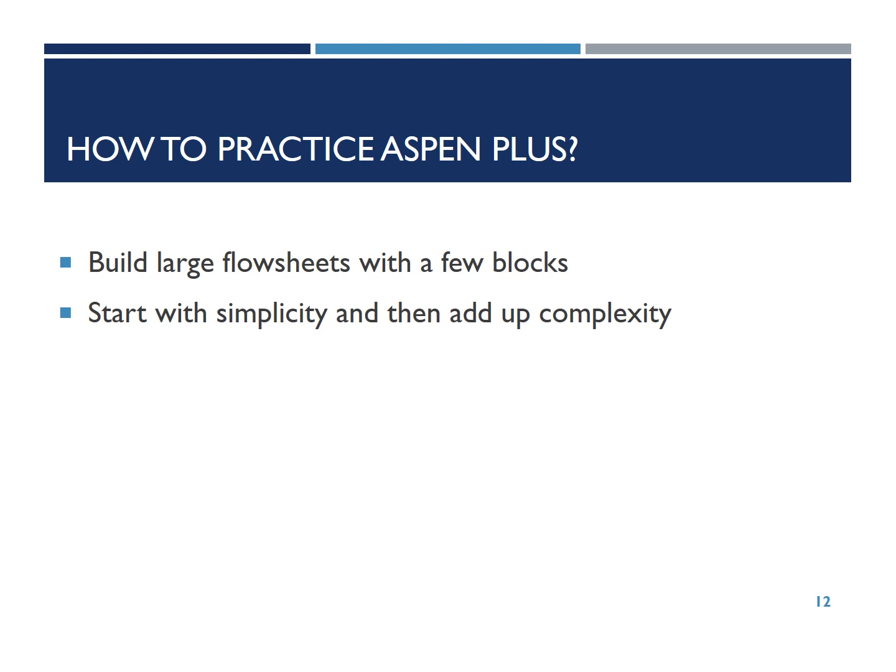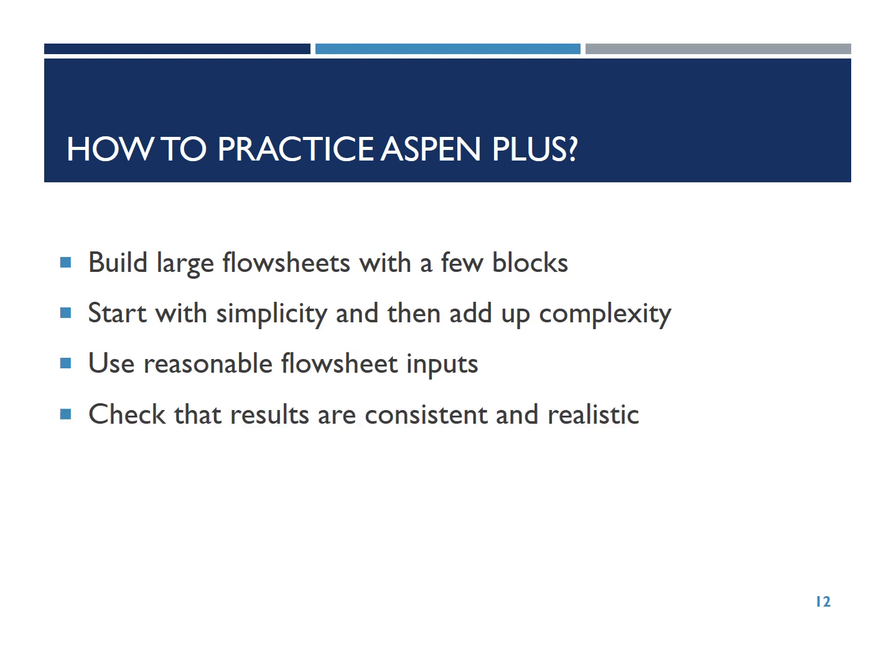For example, start building the flowsheet with only the major equipment and leave recycling loops to be the last thing to be added. Also, use reasonable flowsheet inputs, as well as be careful about units of measurement. And the last thing is that you need to always double check that the results are consistent and make sense.